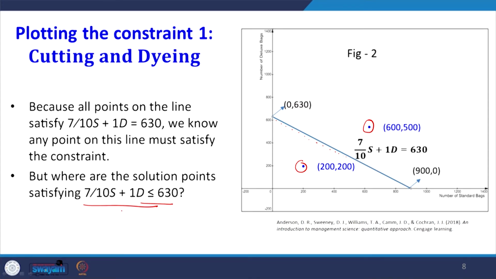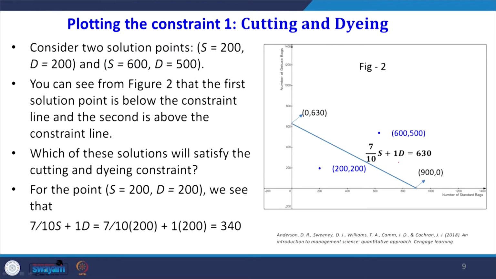If this point is satisfied, you have to shade on the left hand side, that is towards the origin. If it is not satisfied, you have to shade on the outside. Consider 2 points, s equal to 200, d equal to 200 and s equal to 600 and d equal to 500, which I explained in the previous slides.